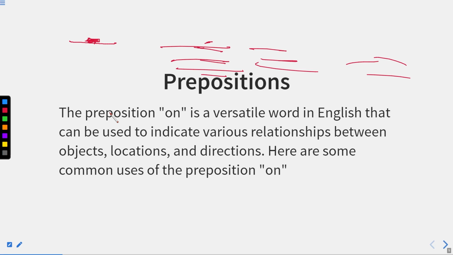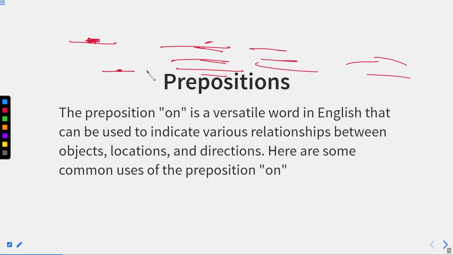Obviously, the cat must be touching the top of the table. So whenever something is above something and it is touching the surface of the object below, we use the preposition on. So on is used to show the location, the directions, the objects, but all the time they should touch the surface of another thing.